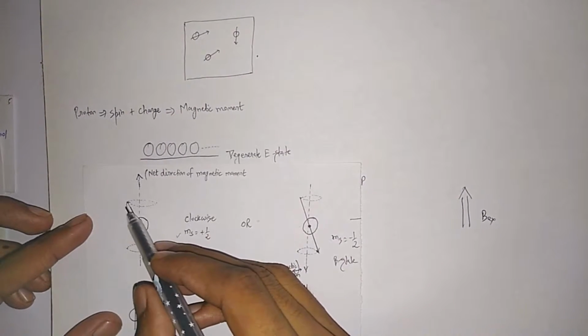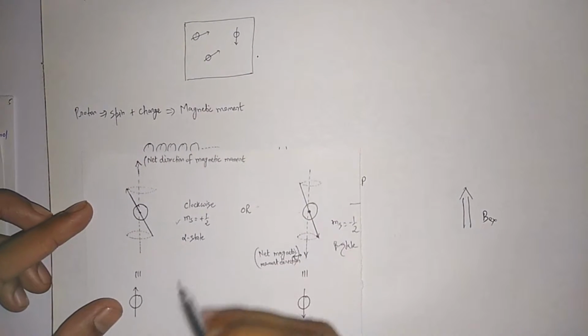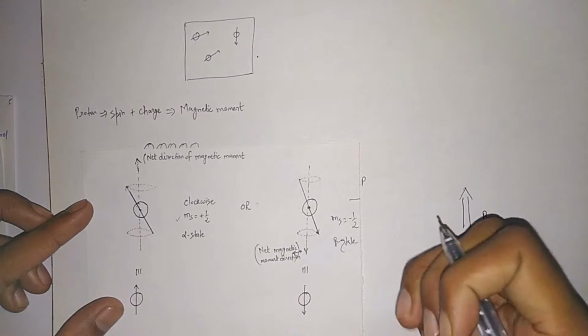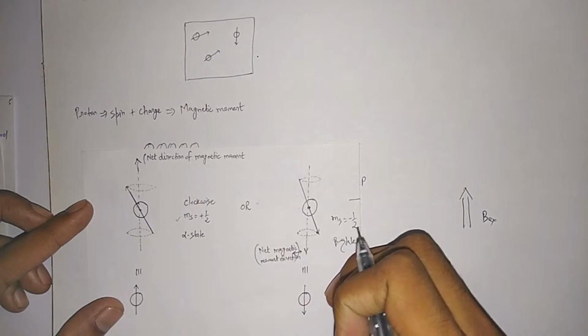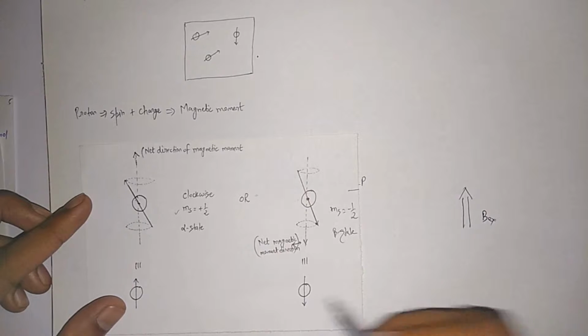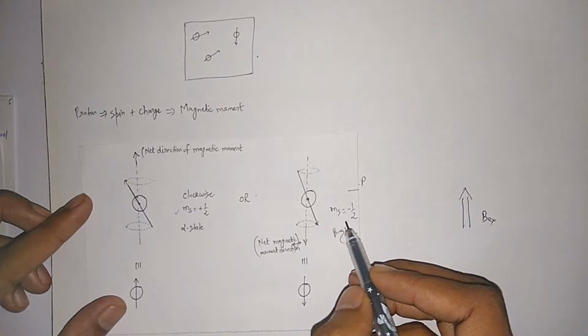Either the proton that undergoes the wobble precession, or the Larmor precession, has its magnetic moment in the direction of the magnetic line of forces, or it opposes the magnetic line of forces. When the magnetic moment of the proton is against the direction of the magnetic line of forces, that state is the beta state.